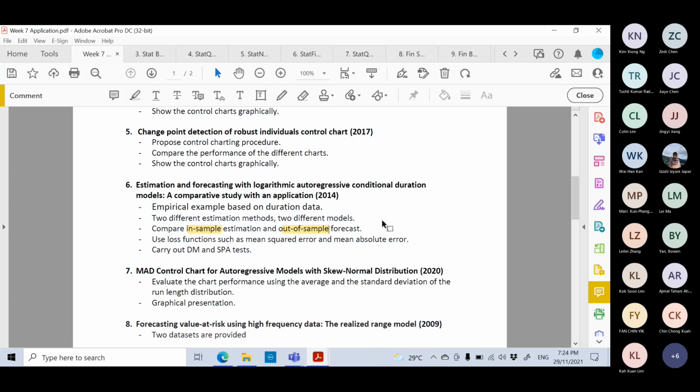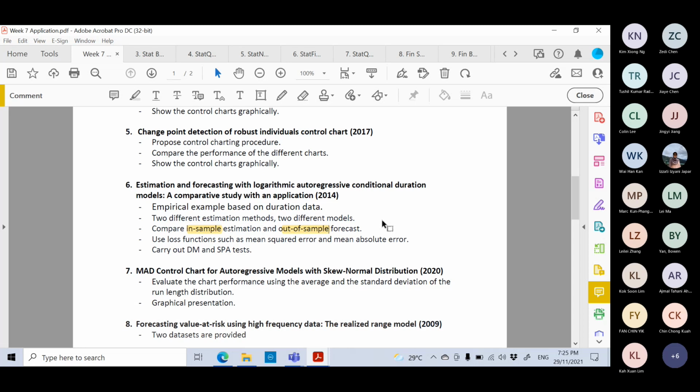It may not be compulsory, but most of the time when you read a time series paper, if they want to provide the empirical example, it also depends on their objective of the study. You can observe that they want to show you how good the in-sample estimation results are, and how good the out-of-sample forecast results are. They use different criteria to measure how good your models are in the in-sample estimation performance and the out-of-sample forecast performance.